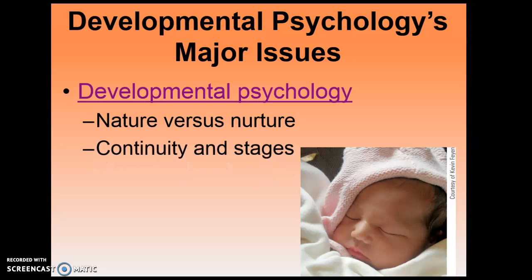Secondly, continuity in stages. What parts of development are gradual and continuous, like riding an escalator, and what parts does our body and our psychology change abruptly, like climbing rungs on a ladder? And finally, stability and change. Which of our traits persist throughout our lifetimes, and how do we change as we get older?